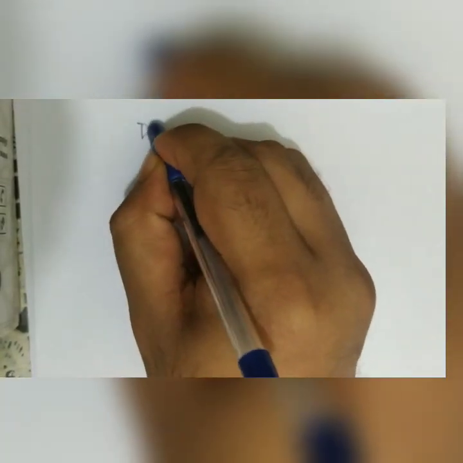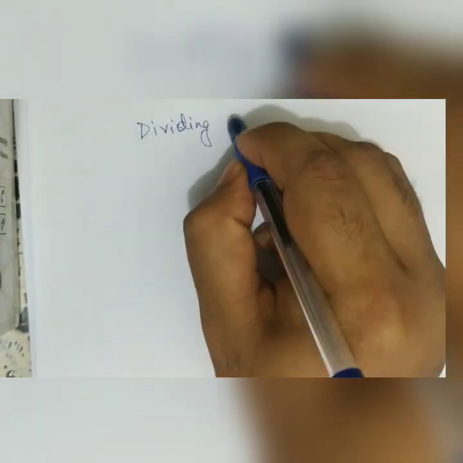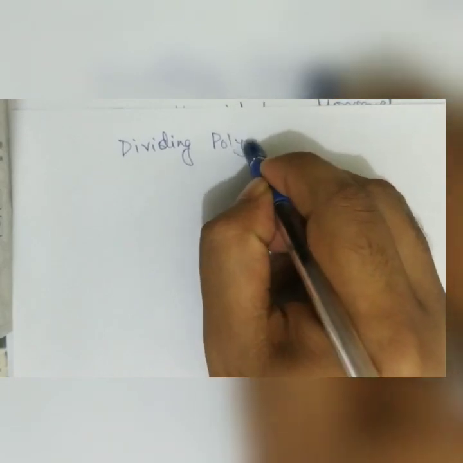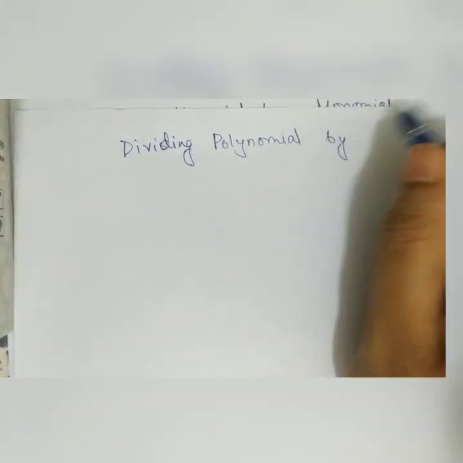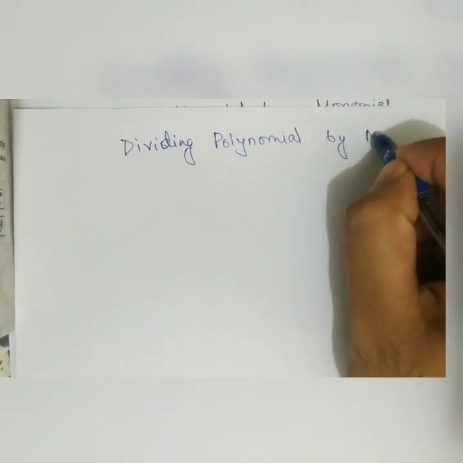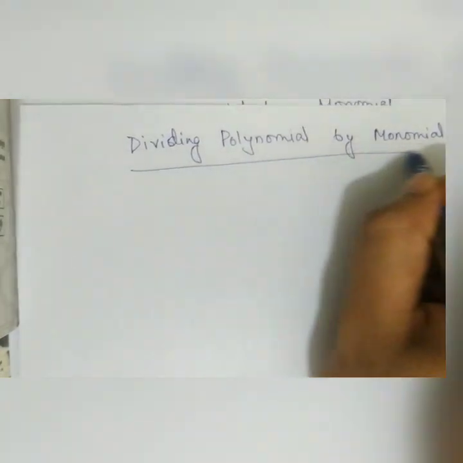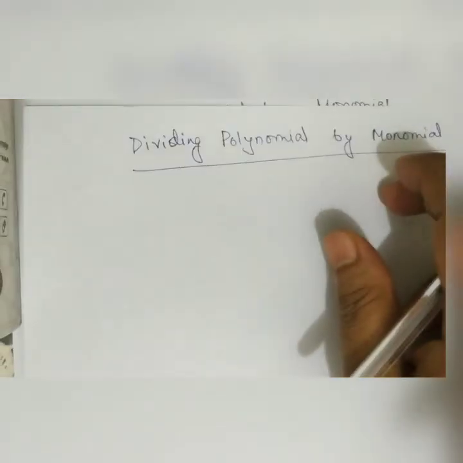Now we will try to solve, this is our new topic, that is dividing polynomial by monomial. So how to divide polynomial by monomial?